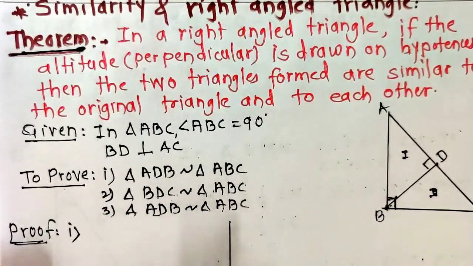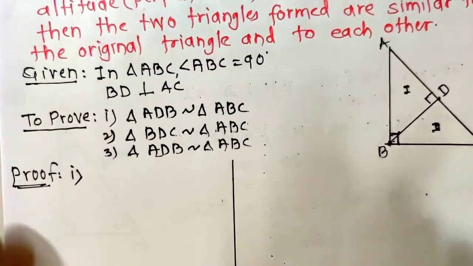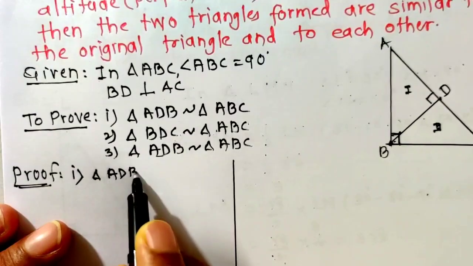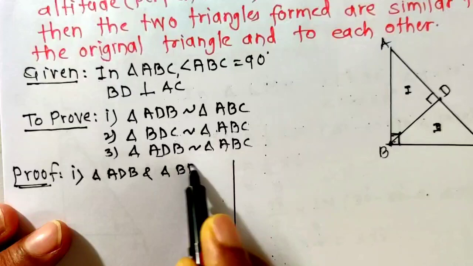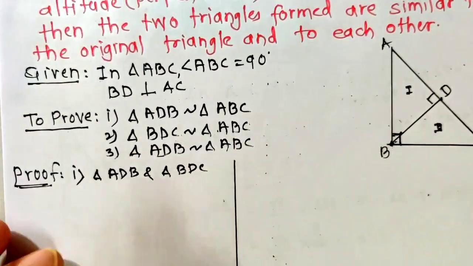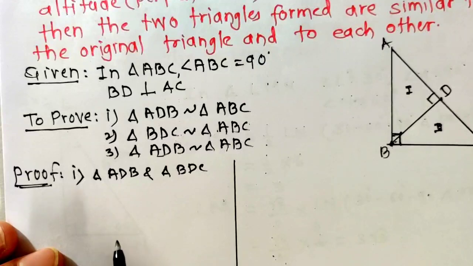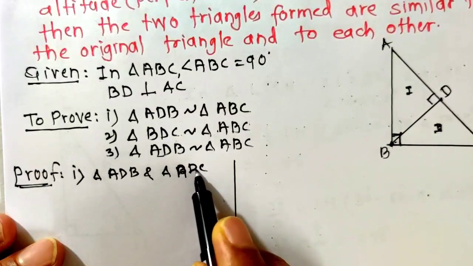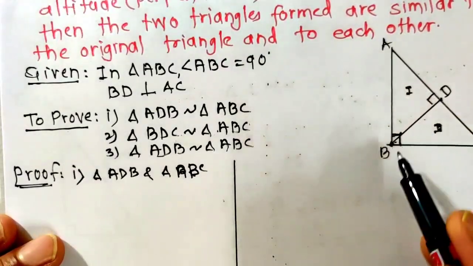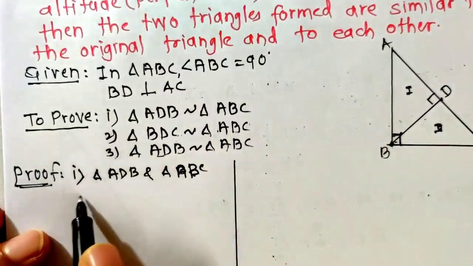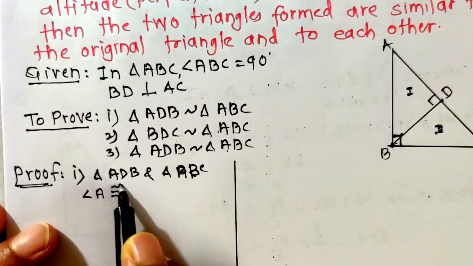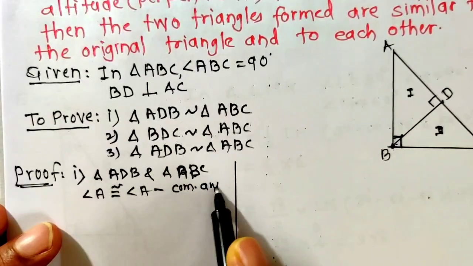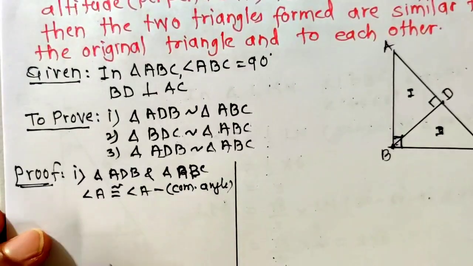We have to prove ADB similar to BDC. So first step, how to prove it? Consider triangle ADB and ABC first. If we observe ABC and ADB, A is the common vertex, so angle A is congruent to angle A. This is the common angle.